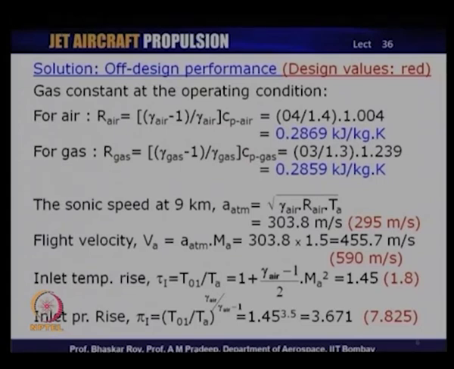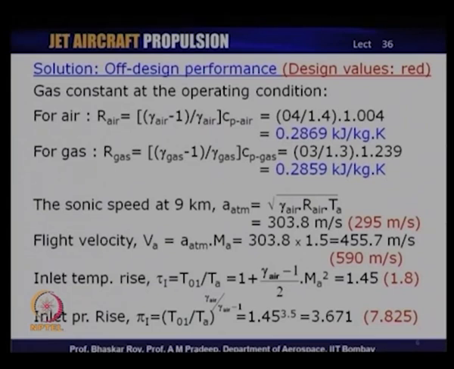So, at 12 kilometer at design point, the temperature rise compared to the ambient temperature was much more. For the corresponding inlet pressure rise, using again the isentropic relation from the temperature ratio that we have just found, we can find pi I: the temperature ratio to the power gamma by gamma minus 1 gives us the pressure ratio across the inlet, which essentially is the ram pressurization.